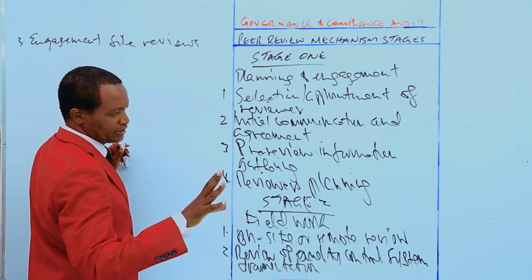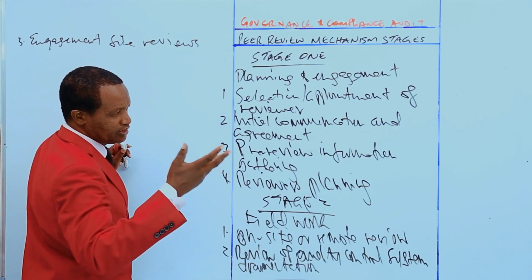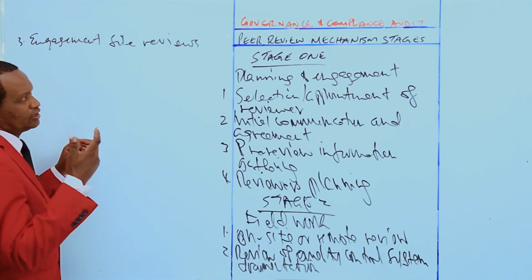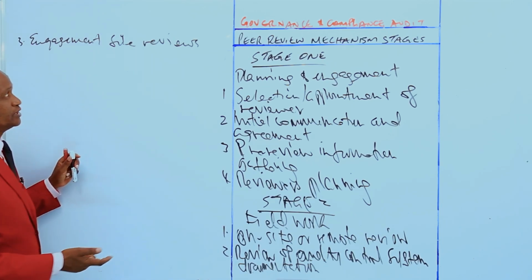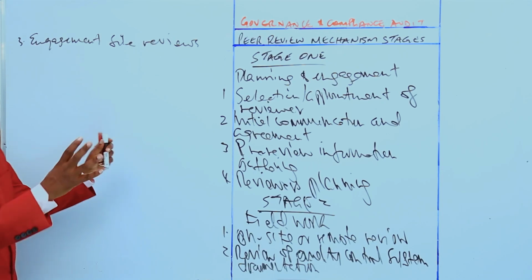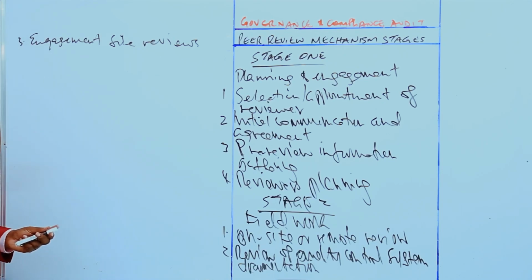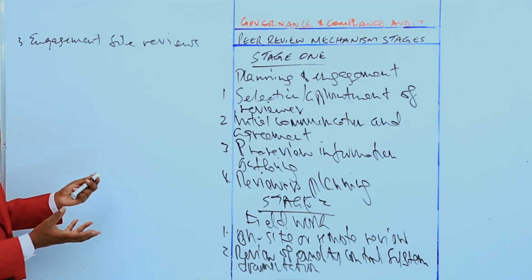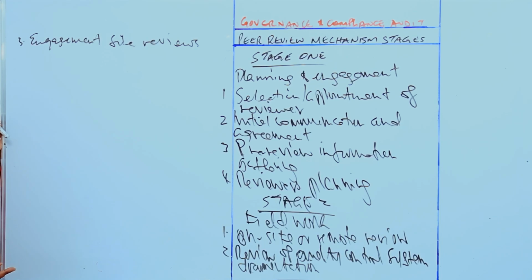So a sample is taken. The auditor may select, say, 5 governance and compliance audit engagements. Then he takes the files for the 5 audit engagements.